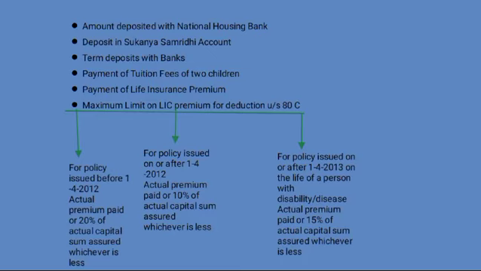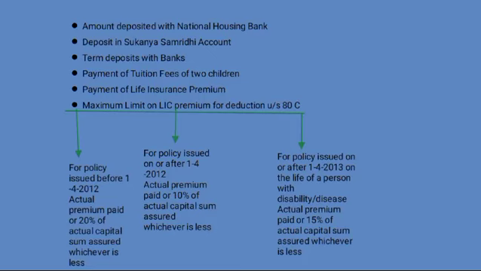Then next we have for the policy issued on or after 1st April 2012. In this case, actual premium paid by assessee or 10% of actual capital sum assured, whichever is less, shall be qualified as deduction under section 80C.